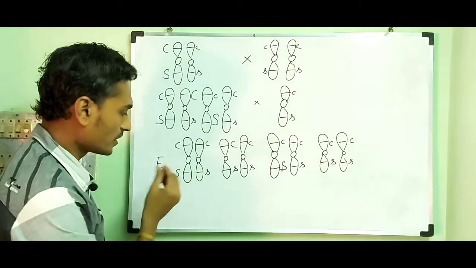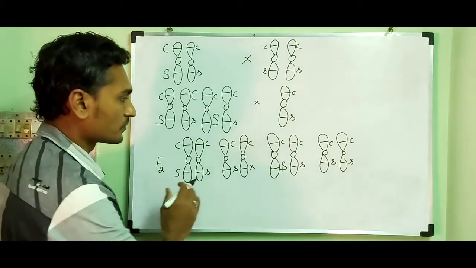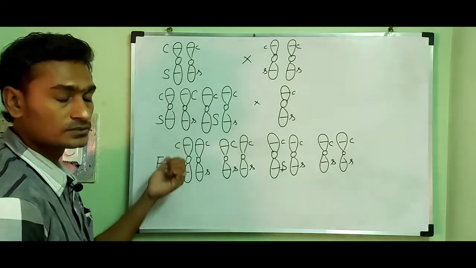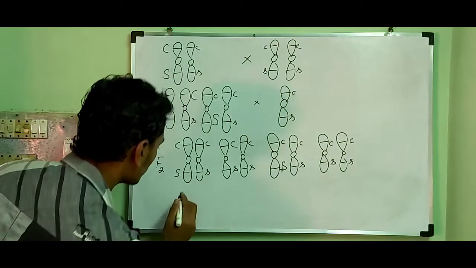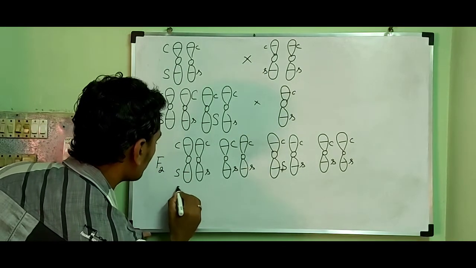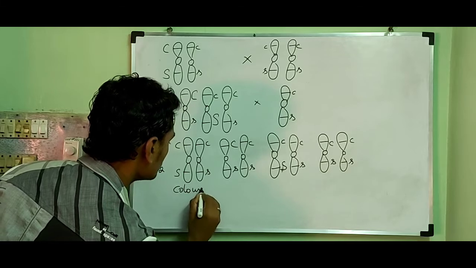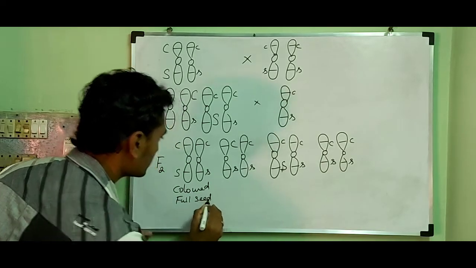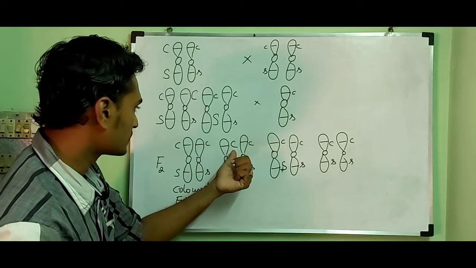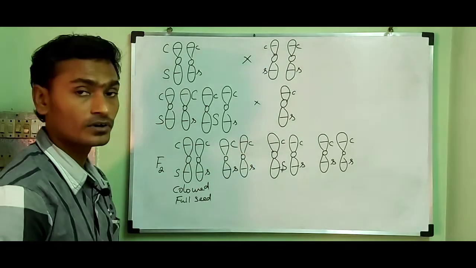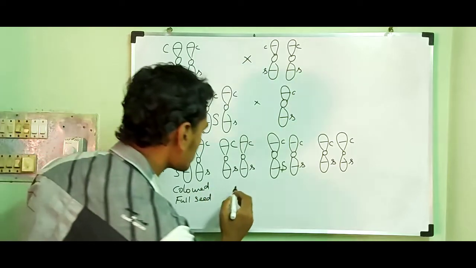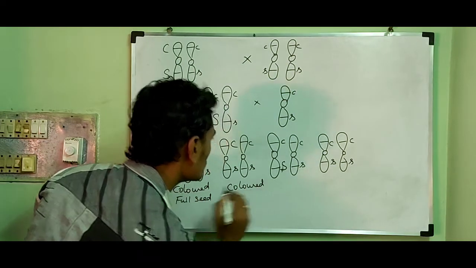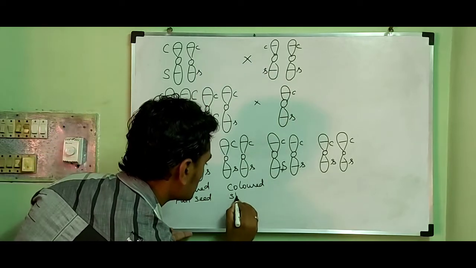Now I am going to write the phenotype of the 4 individuals. Here it contains the 2 dominant alleles, so it shows the phenotype colored full seed. Here it has only one dominant allele for the color, so colored shrunken seeds.